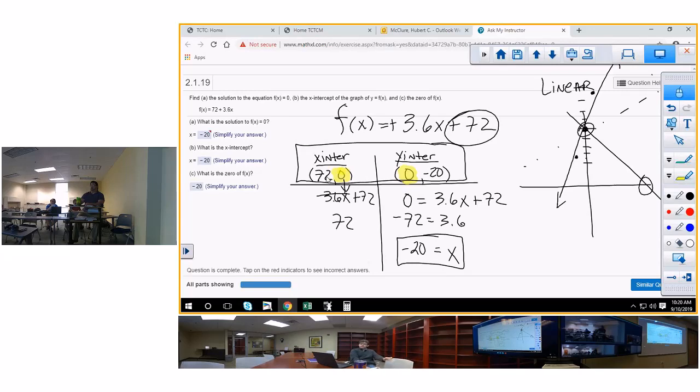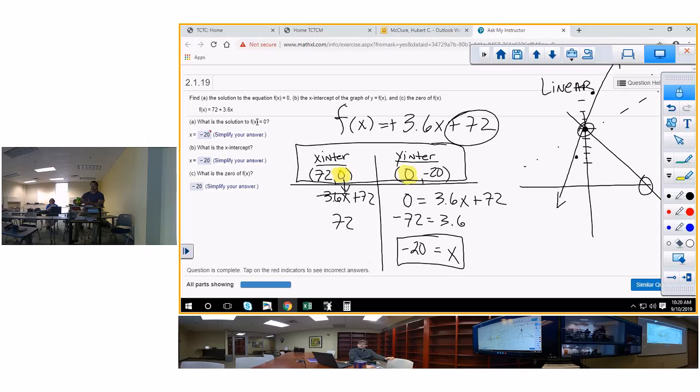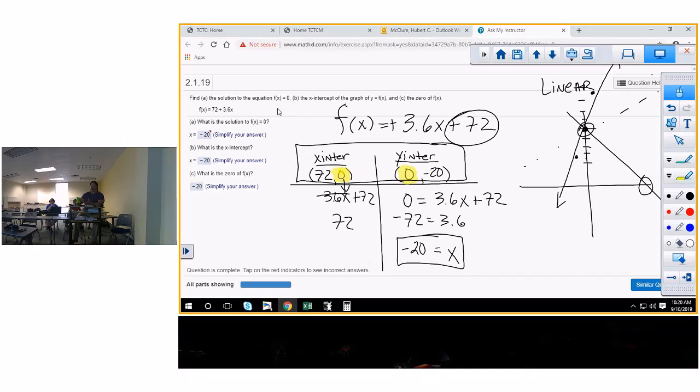Y is equal to f of x. That's what f of x is. F of x is equal to y. Okay, I must be reading something wrong or this problem's wrong. And the x-intercept is not negative 20. What's the x-intercept? 72. At least I thought. No, the y-intercept is there. Wait a minute. I've got it backwards. I'm sorry. Have I?